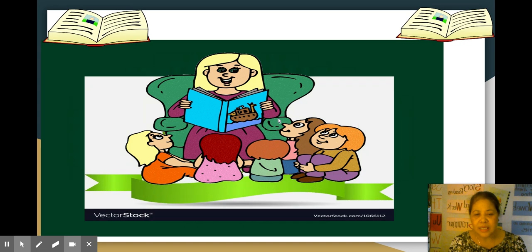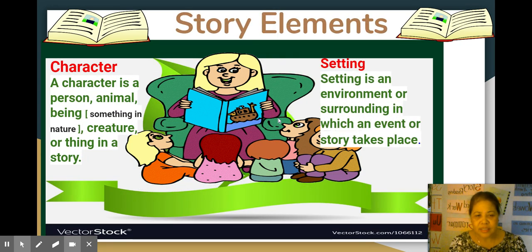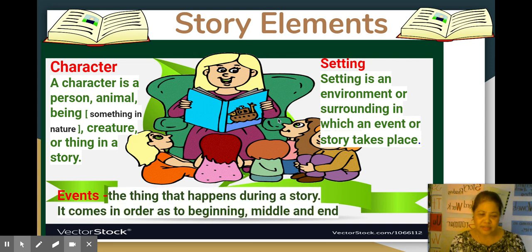and that will be character, setting, and events. When we talk about character, a character is a person, animal, being, creature, or thing in a story. These are the characters. That means they are the ones who act out in the story.